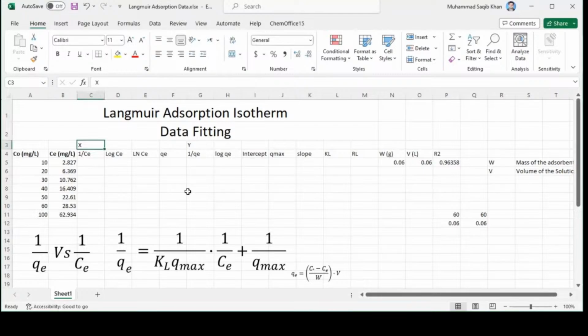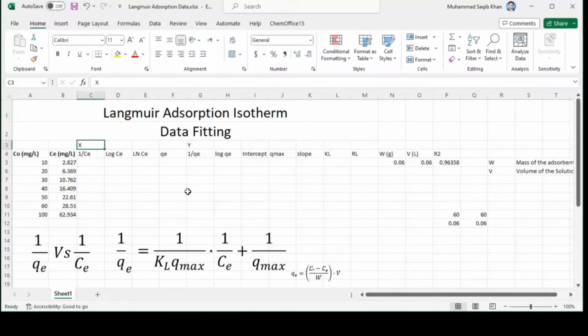Okay, then you can copy this plot, or you can export this plot as an image file.